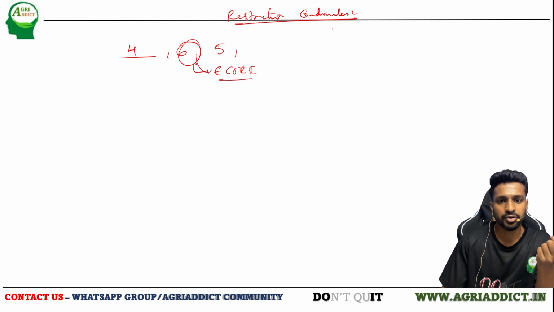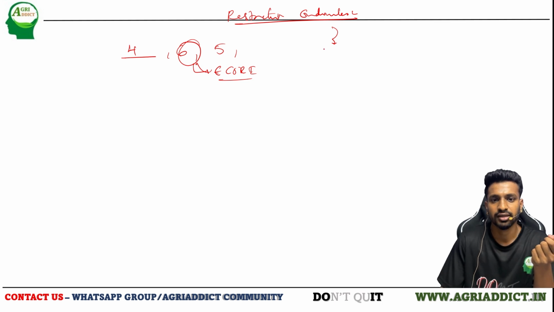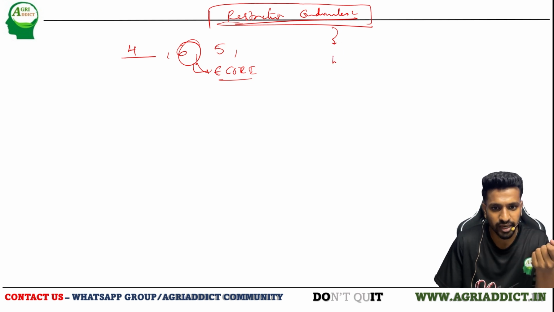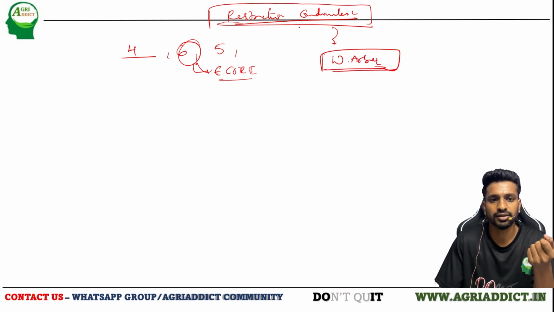Before I talk about restriction endonucleases in detail, let us know about their history. It was for the first time W. Arber who postulated the presence of this restriction endonuclease.